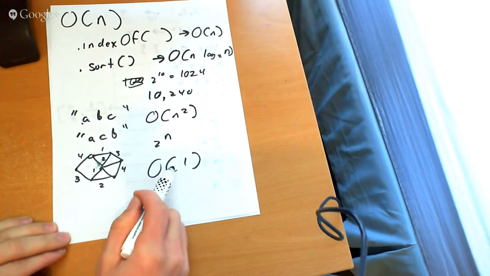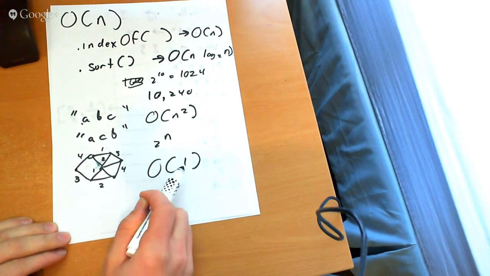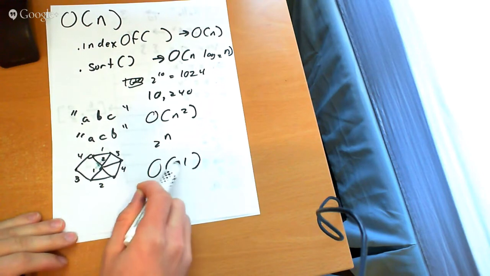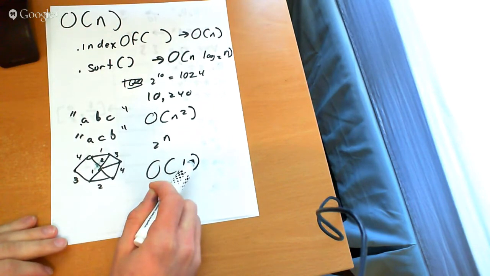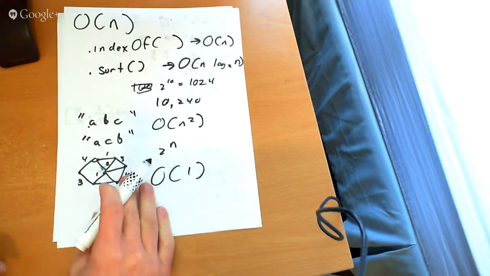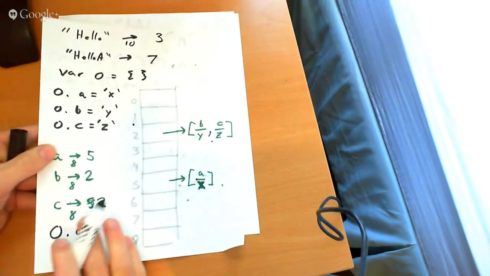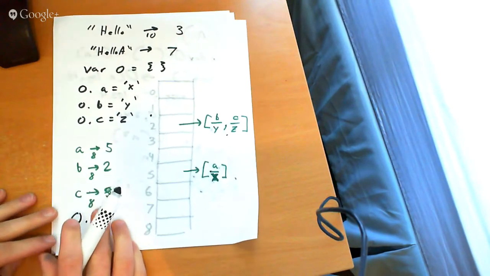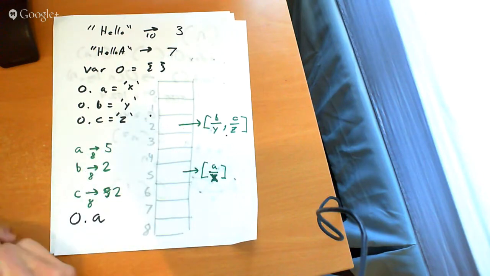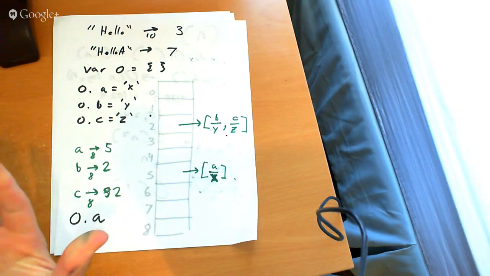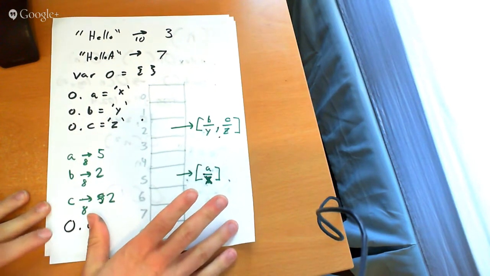And hash maps for insertion, removal and reading of values are order 1. So that's why I think it's really important to know how to use hash maps and what they represent. That's why I did this little bonus session and got marker all over my hands.